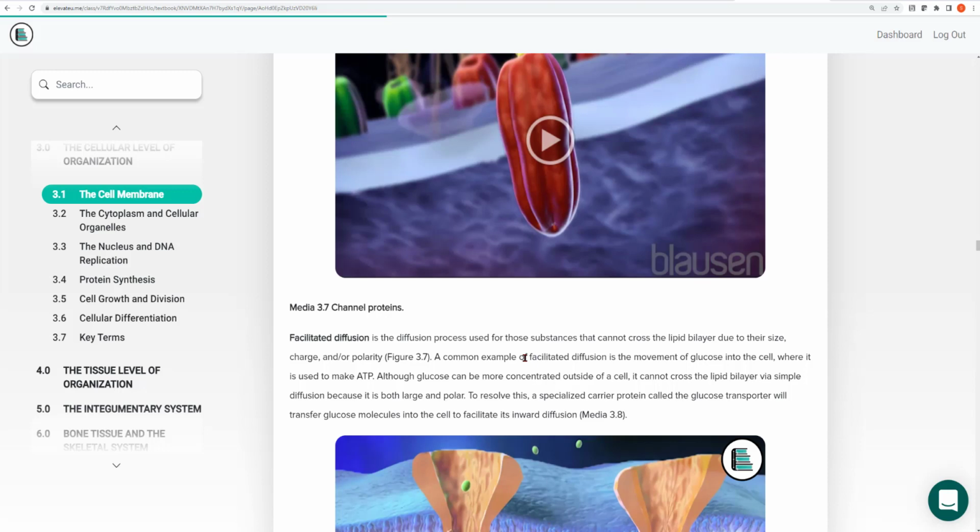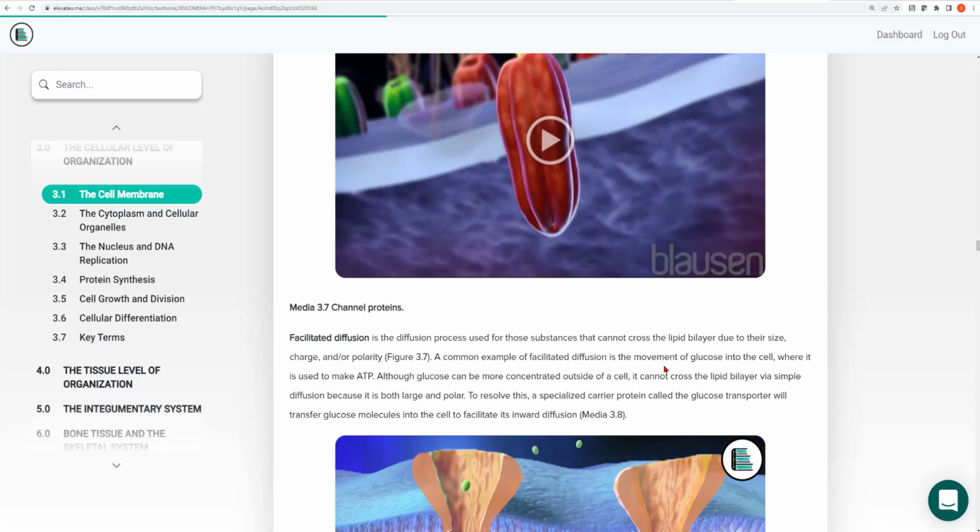The example of facilitated diffusion that I want you to learn and know and appreciate is glucose. Glucose is a basic sugar. It is the basic molecule that all of our cells require to gain energy. We get it in our diet. Our body makes it as well. It travels through our bloodstream.